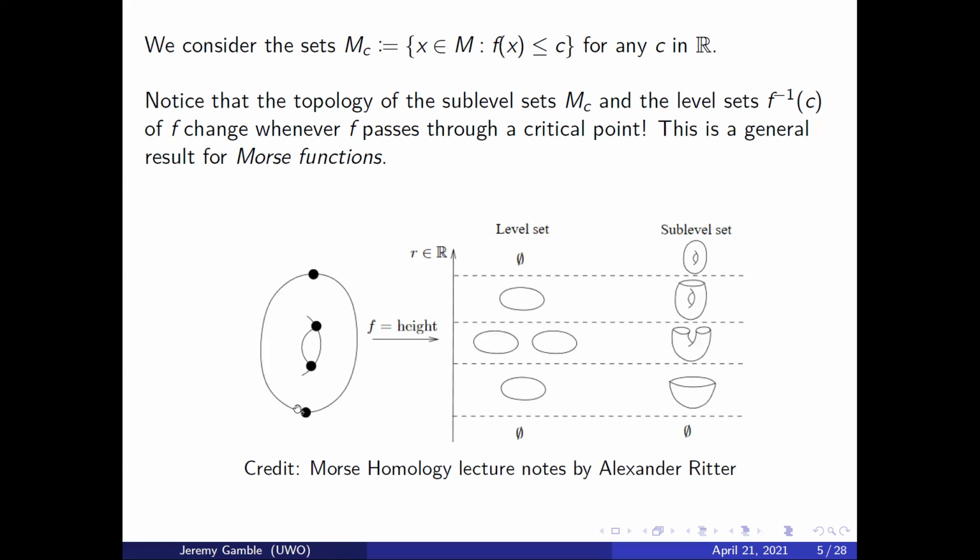So you can see when you come up here, it's a circle, and then you get these double circles when you cross over one of these middle ones for the level sets and so on. And this is one of the main ideas of Morse theory, looking at these sorts of things. Okay.